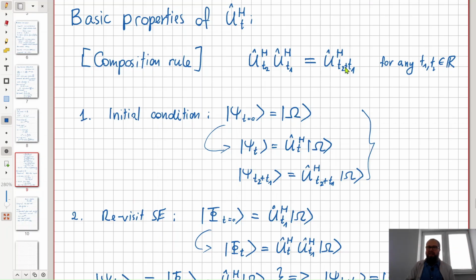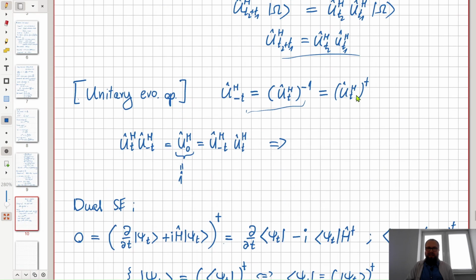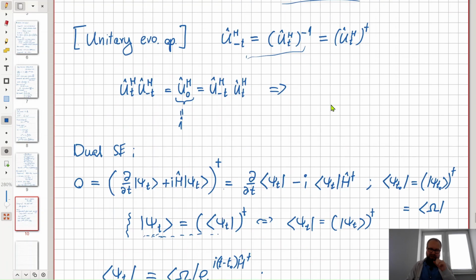The other was that the evolution operator is a unitary operator. So you can send evolution forward in time, and you can undo it, right? Because the evolution operator of minus time is the inverse of the evolution operator for plus time. So you can go forward and backwards.